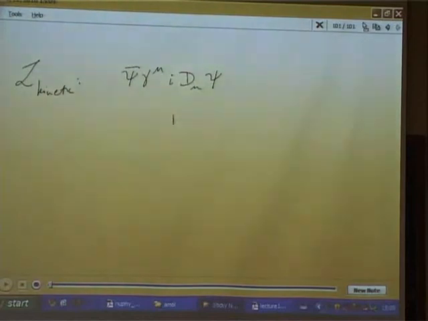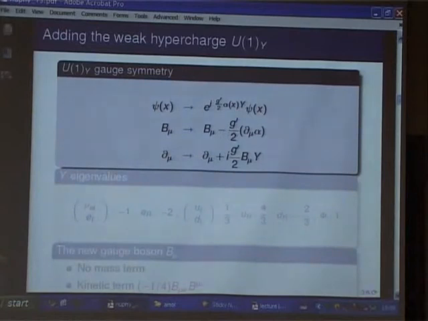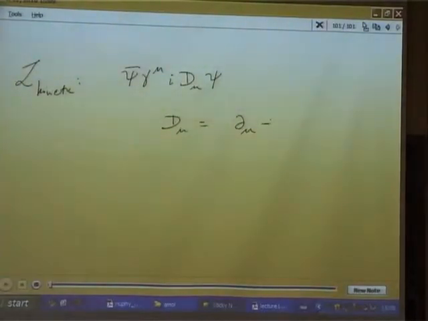And we know what this D mu looks like. Okay, but all I have done is replace this e by g prime by 2.